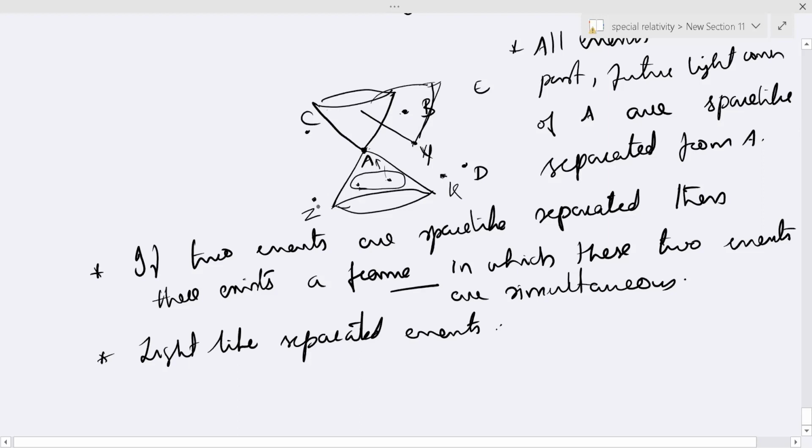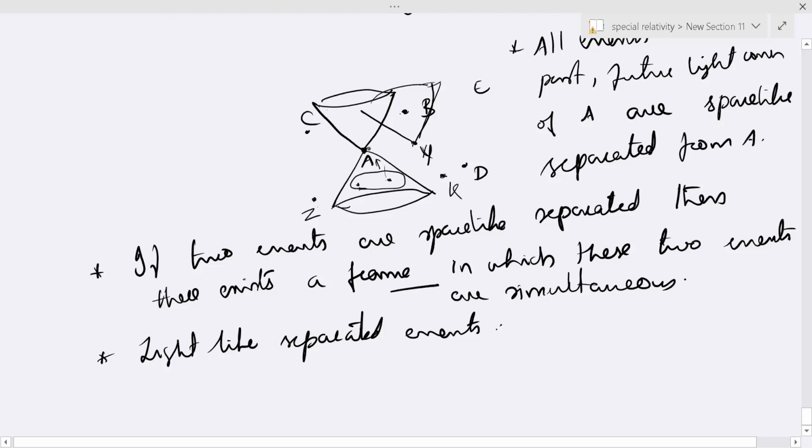They happened before A in some frame, but they cannot have affected A in any way. In a similar way, events outside the future light cone of A cannot be affected by what's happening at this point in space-time.